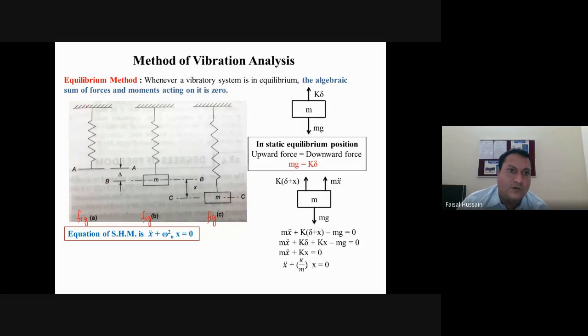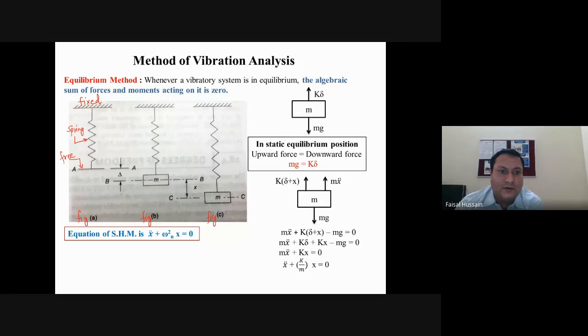On one end it is fixed and the other end is free. This is its equilibrium position. The section AA is the equilibrium position. Now what we are doing, this end is free and this end is fixed.